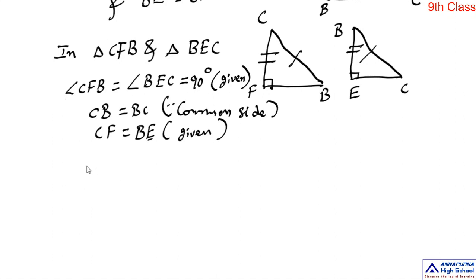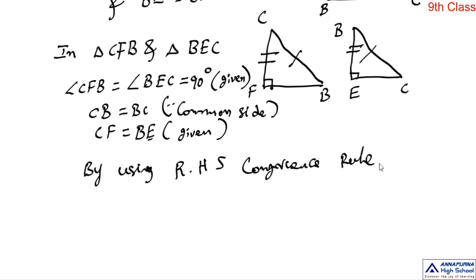So by using the RHS congruence rule. What is the meaning of RHS? Right angle, hypotenuse, side.